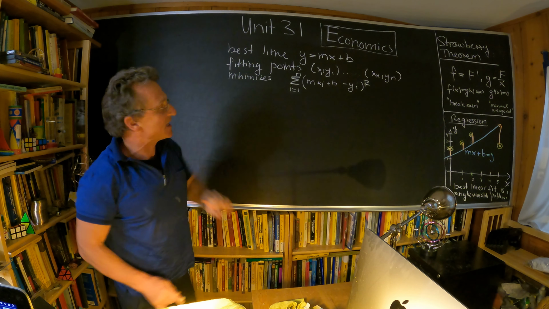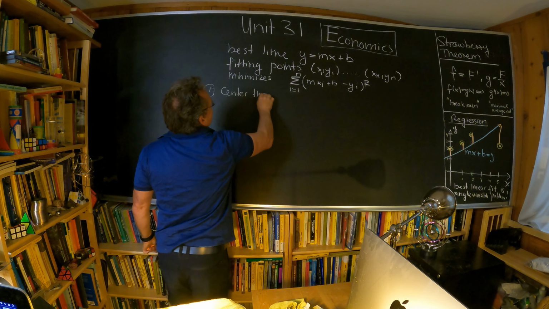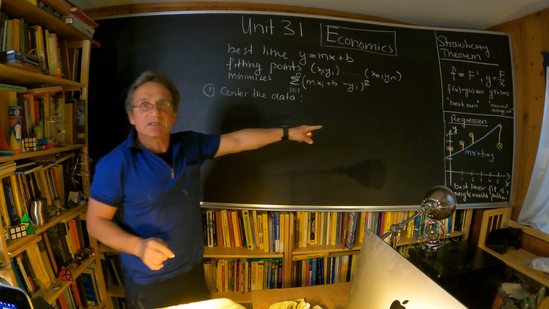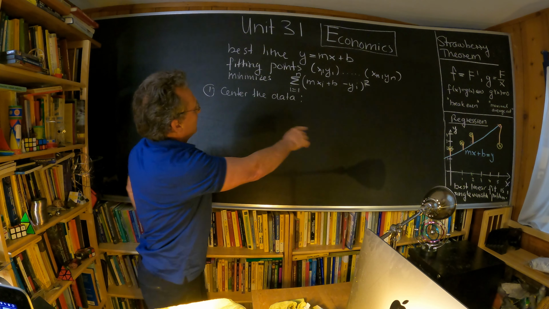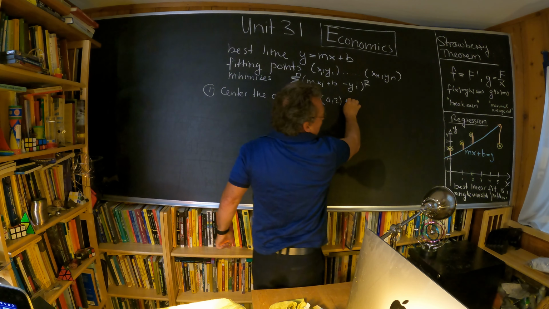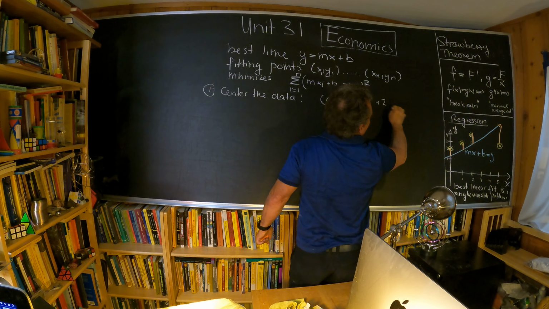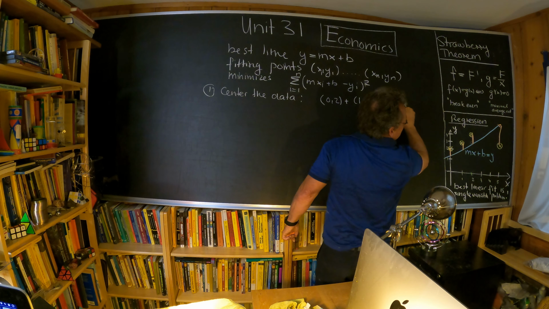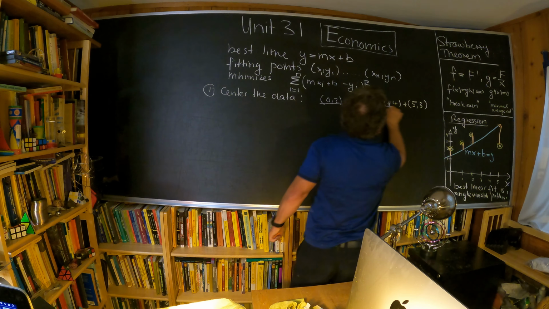So now comes a clever trick. What we do is we first center the data. So in this case, what is the center of this data? The center is when we just add up all the values. In this case, we have 0 plus 1 plus 2 plus 5, the whole thing divided by 4.